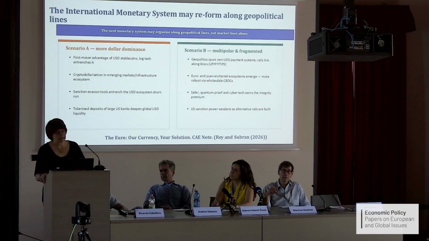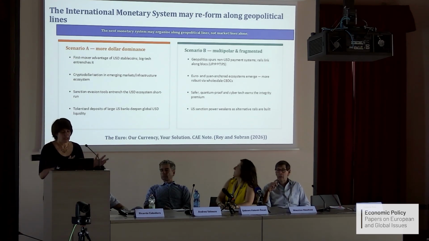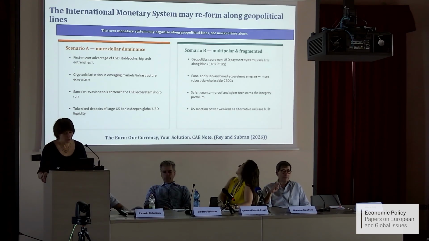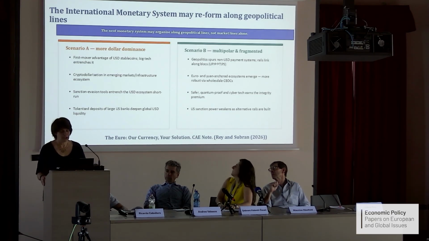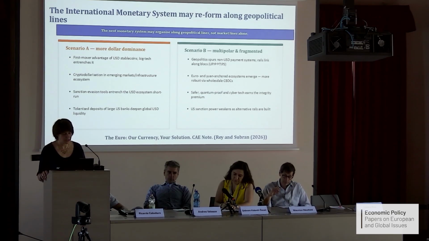And therefore, if we think about the various scenarios for the monetary system, I think there's a scenario which is about more dollar dominance, and that would come about because of more crypto dollarization, because of the US dollar stablecoin entrenching somehow the financial infrastructure in US dollar, because the large US banks might have a comparative advantage in tokenized deposits to some extent.